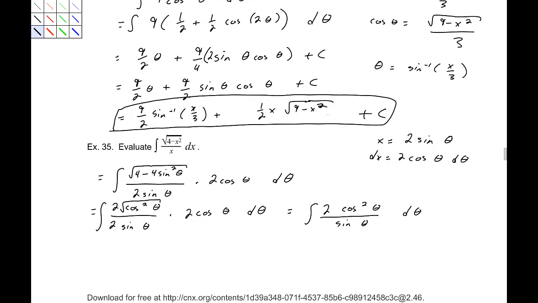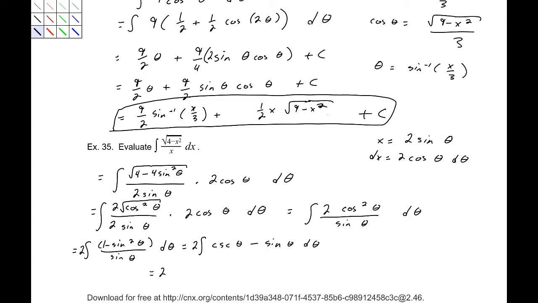My next move would then be to possibly convert the cosines into sines, using our Pythagorean identity. So I'll just factor my 2 out there: 1 minus sine squared theta over sine theta d theta, which is 2 times the integral of cosecant theta minus sine theta d theta.